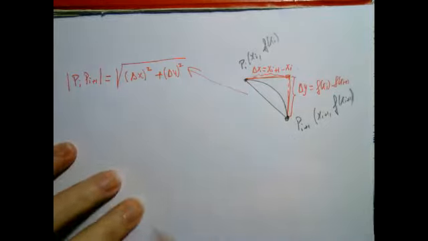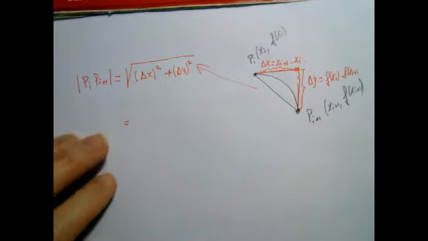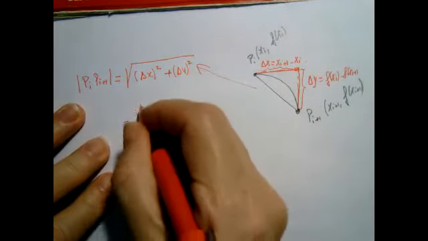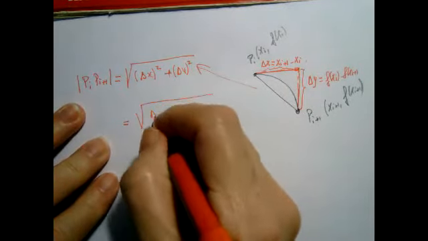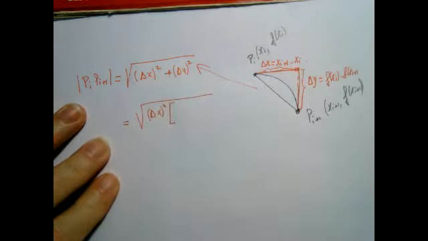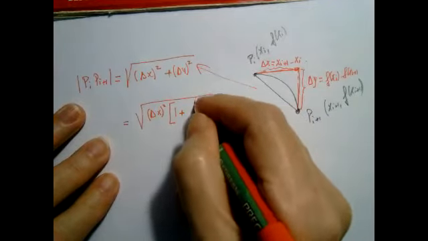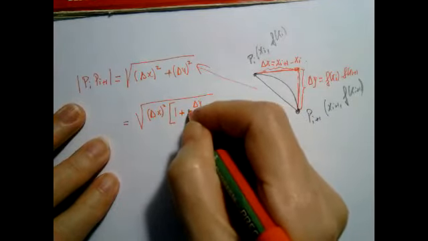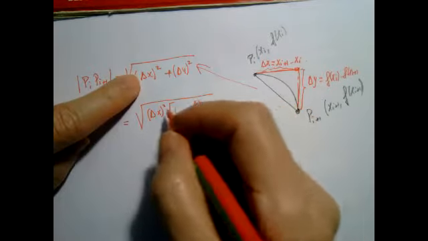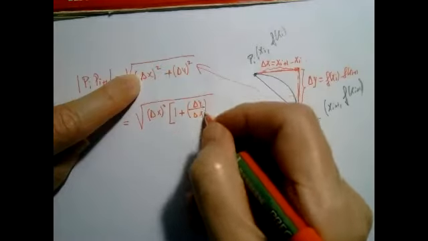Now I'm going to manipulate it a tiny bit. That's the only piece of algebra I'm going to do. I'm going to factor out the delta x, because those Riemann sums always need this delta x. I'm going to factor out delta x squared. This would leave me 1 plus delta y over delta x, all squared.